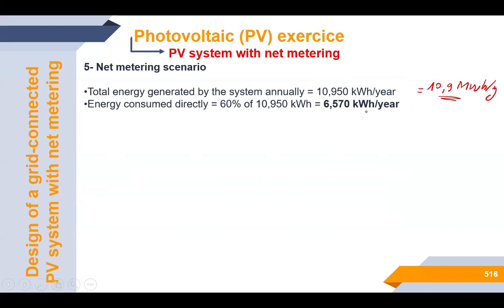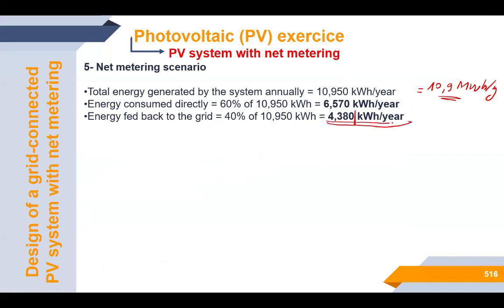This will be consumed directly by the residential load, and the rest, about 40%, will be injected into the grid. This value will be injected into the grid. This is the so-called net metering. Is there any question? Okay.